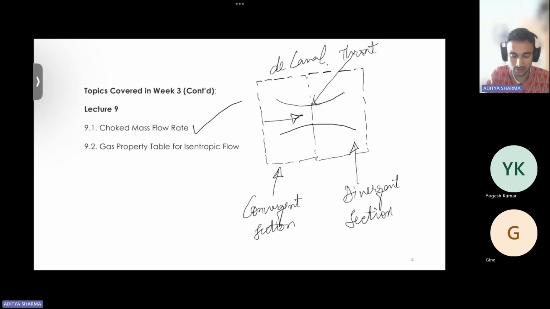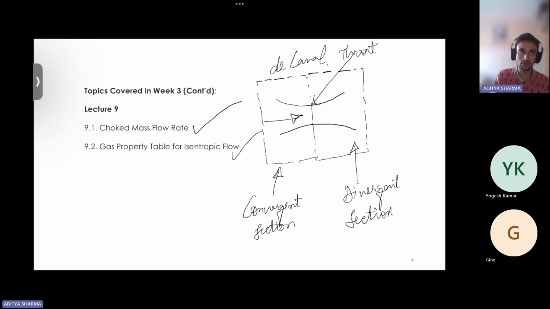So this topic was discussed, and then based on the area Mach number relation, the gas property table has been discussed. In this area Mach number relation, there is this Mach number and area relation.